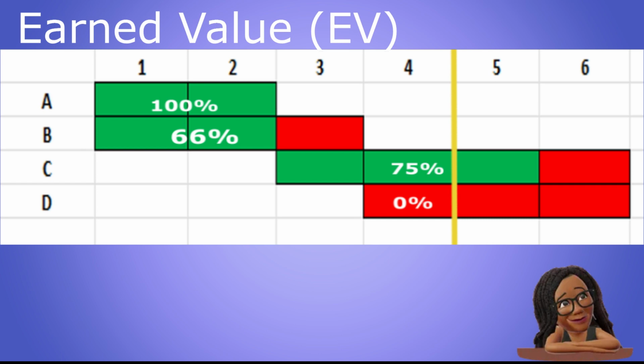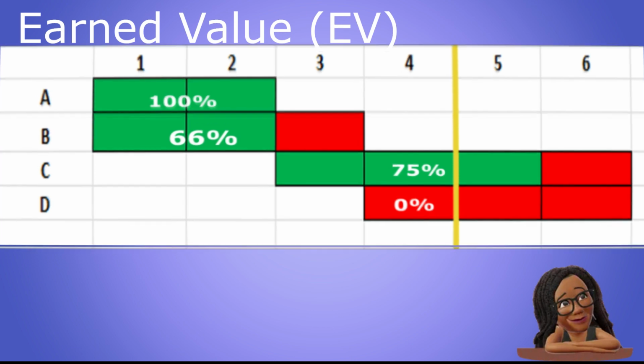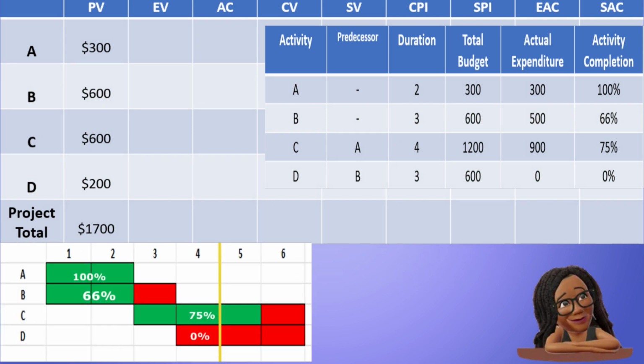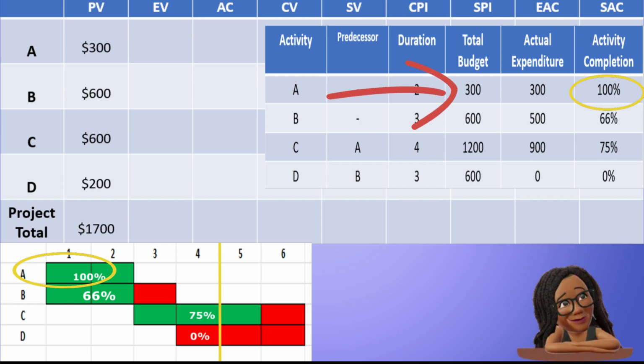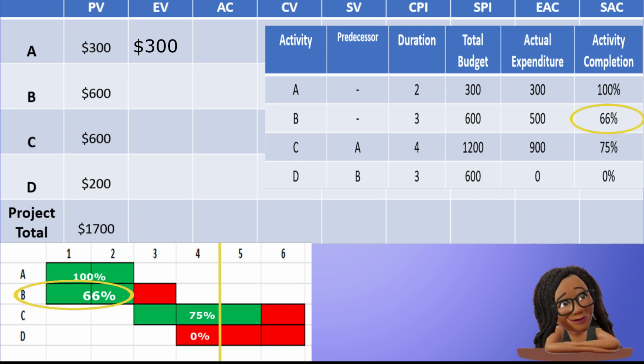Let's go ahead and use our percentages to calculate the earned value, or EV, for each activity. For A, we have completed 100% of the work. So we multiply our total activity A budget of $300 by 100%, which is $300. For B, we are 66% complete. So that's 66% of $600, which is $396, and we'll round up to $400 for simplicity.